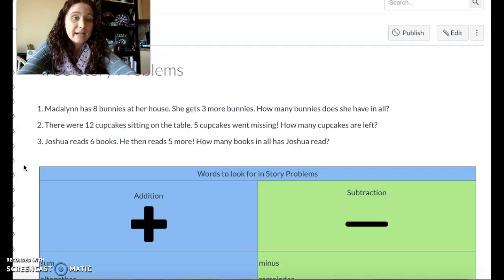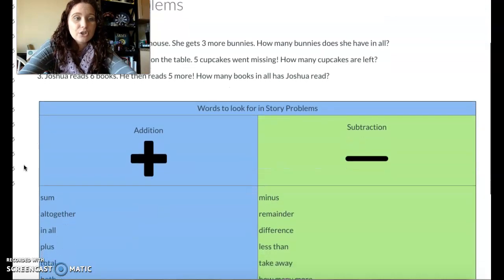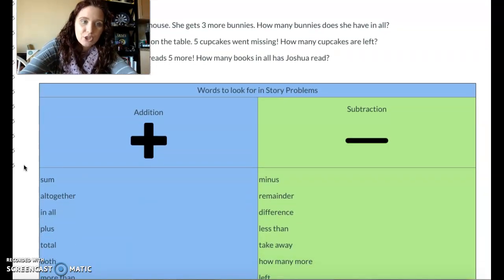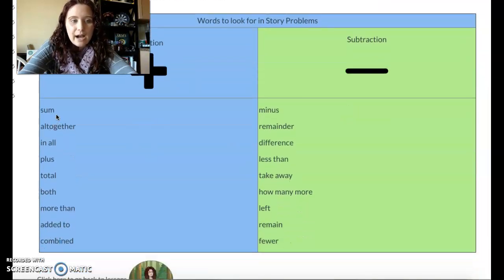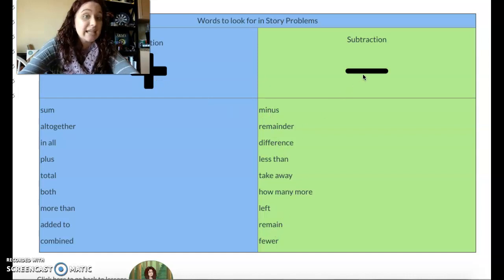All right, before I act out number 1, I'm going to scroll down a little to show you this table that I have provided you. So it says words to look for in story problems. We have addition and subtraction. So if you find any of these words in your word problem, then you know it's going to be addition. You're going to add them together. If you find any of these words, you know it's going to be a subtraction and you're going to take them away.